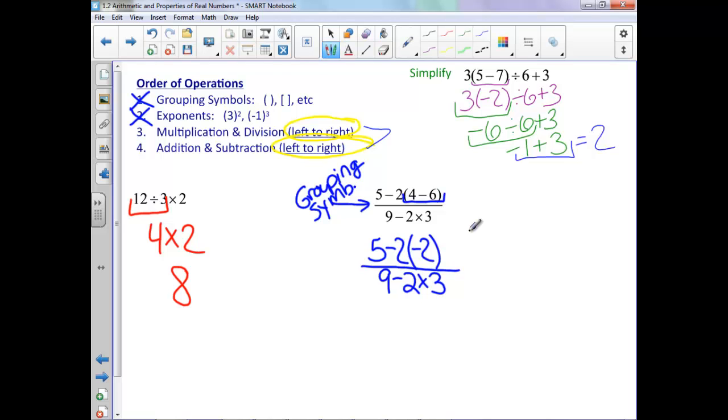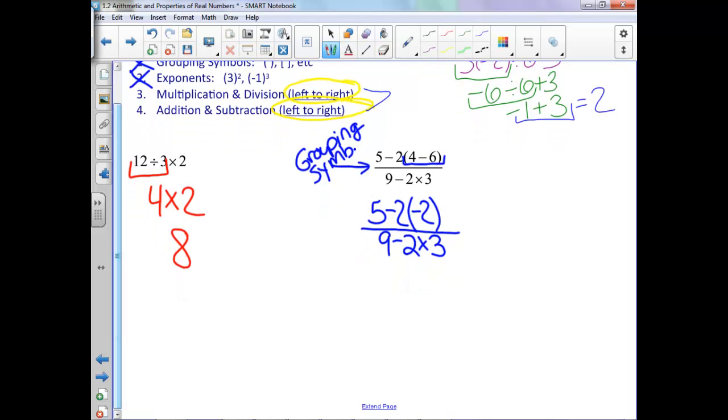Multiplication. Now let's look. Going left to right in our numerator, we'll have 5 minus, and then 2 times negative 2 is negative 4. In our denominator, we'll have 2 times 3, so we'll have 9 minus 6. So multiplication and division is done now.